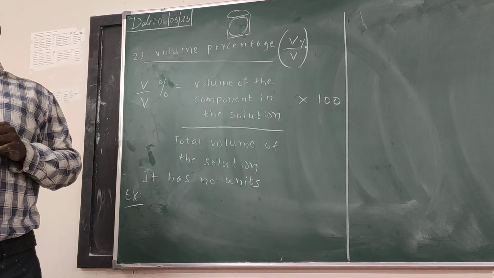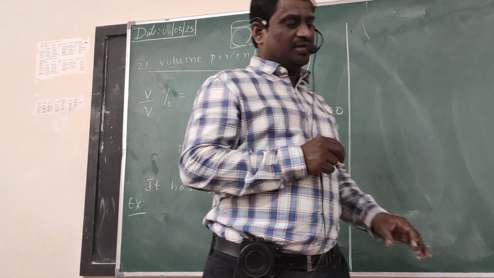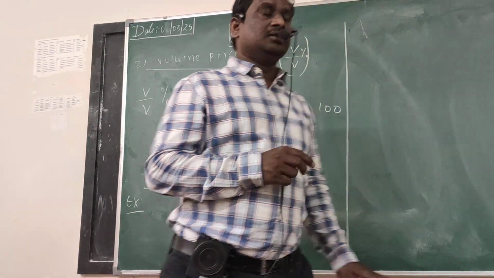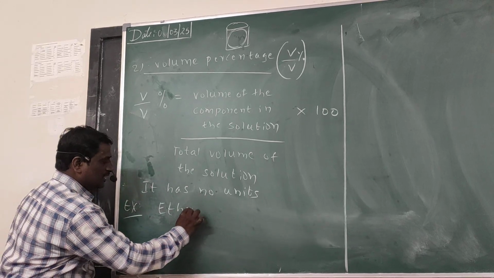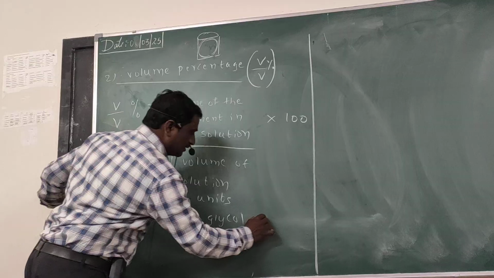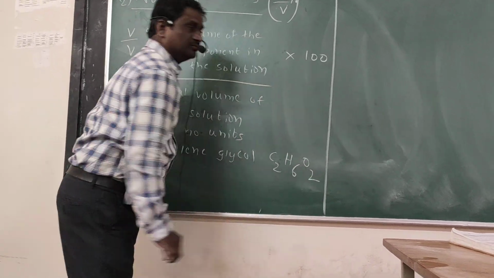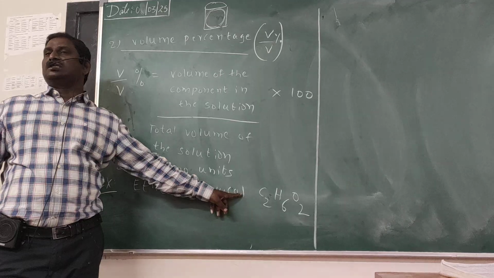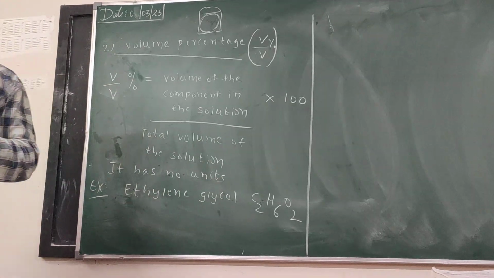Ethylene glycol. That is very important. The formula is C2H6O2.